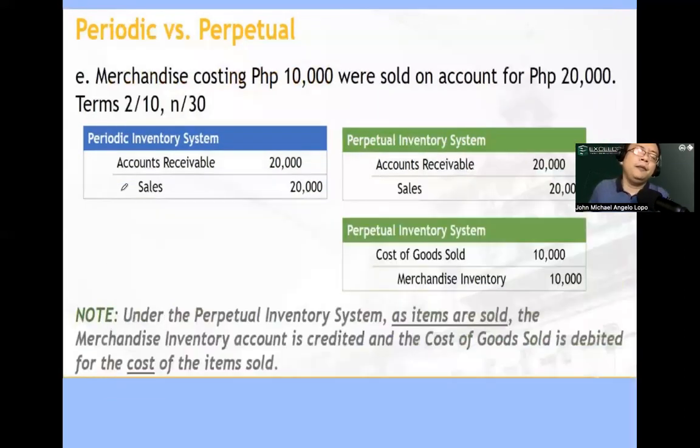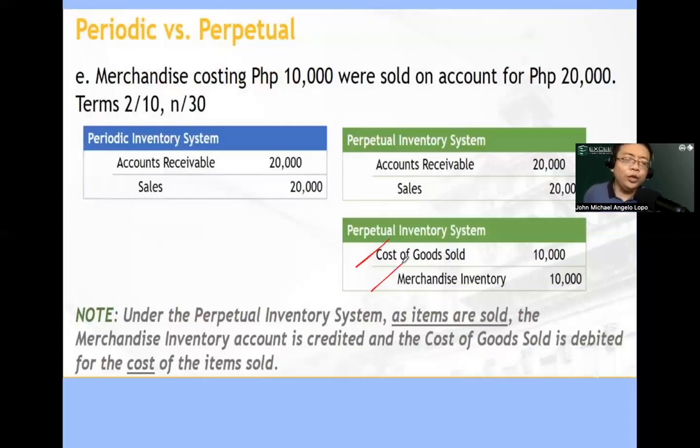Okay. Merchandise costing of 20,000 were sold on account. Please take note of the periodic. So, 20,000, 20,000. How about in the perpetual inventory system? So, again, in the perpetual is to record everything. That's why, after the recording of the AR and sales, you have your cost of goods sold and your merchandise inventory.